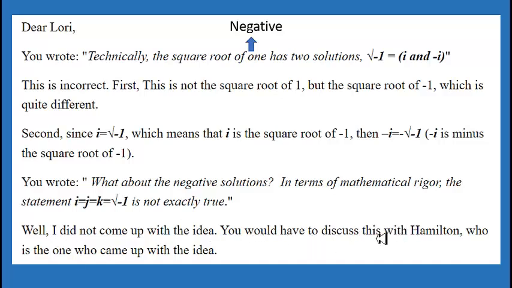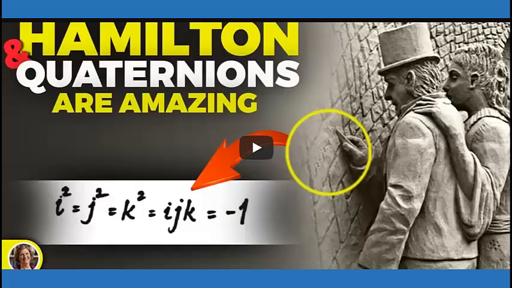No, Hamilton came up with this idea: i squared equals j squared equals k squared equals ijk equals minus 1. Okay, have a good night.